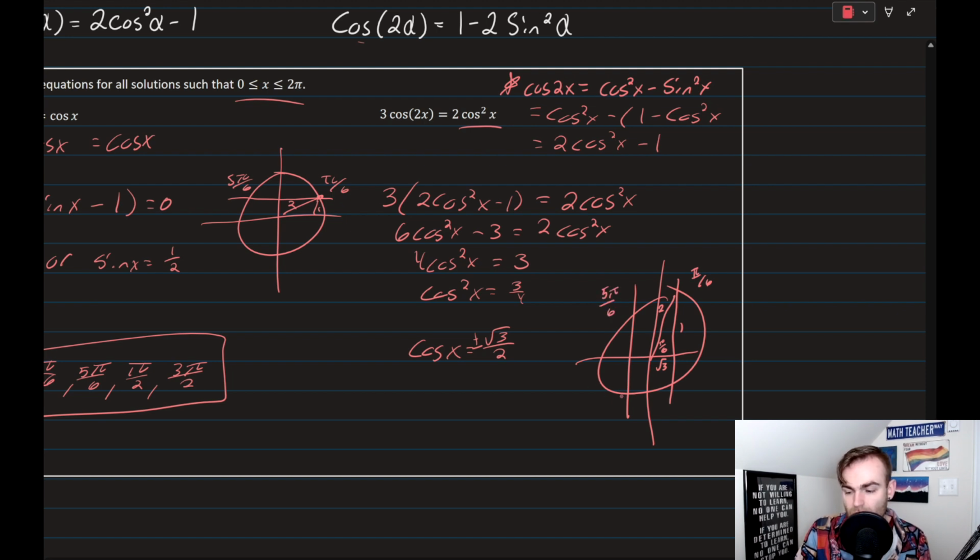This would be 1/6 more than pi, so that would be 7 pi over 6, and 1/6 less than 2 pi, which would be 11 pi over 6. So we have those as solutions. And we write that down, and we are done.